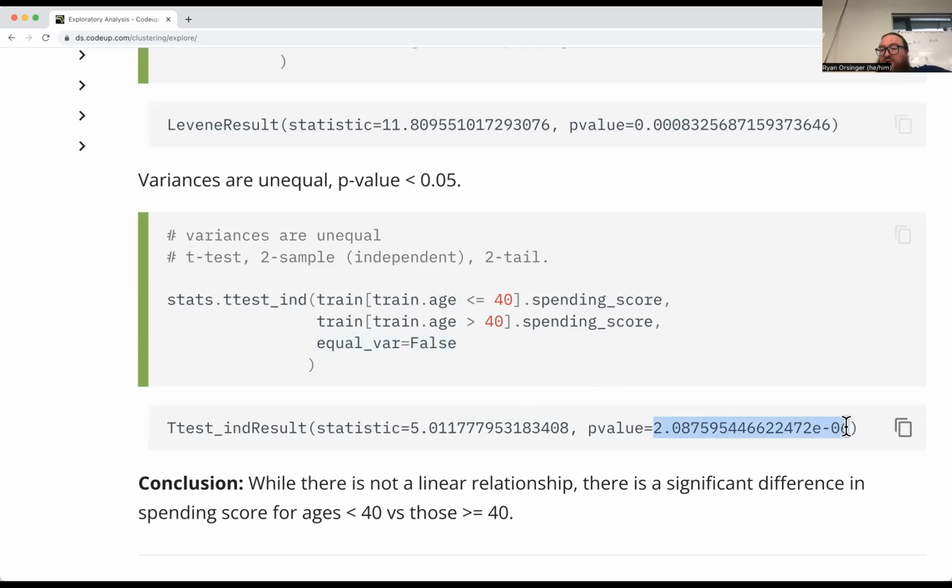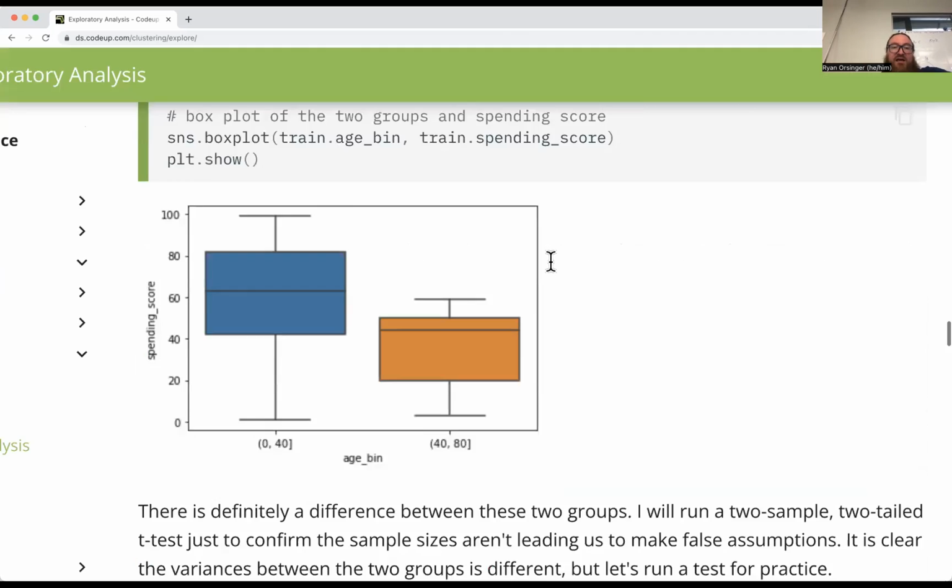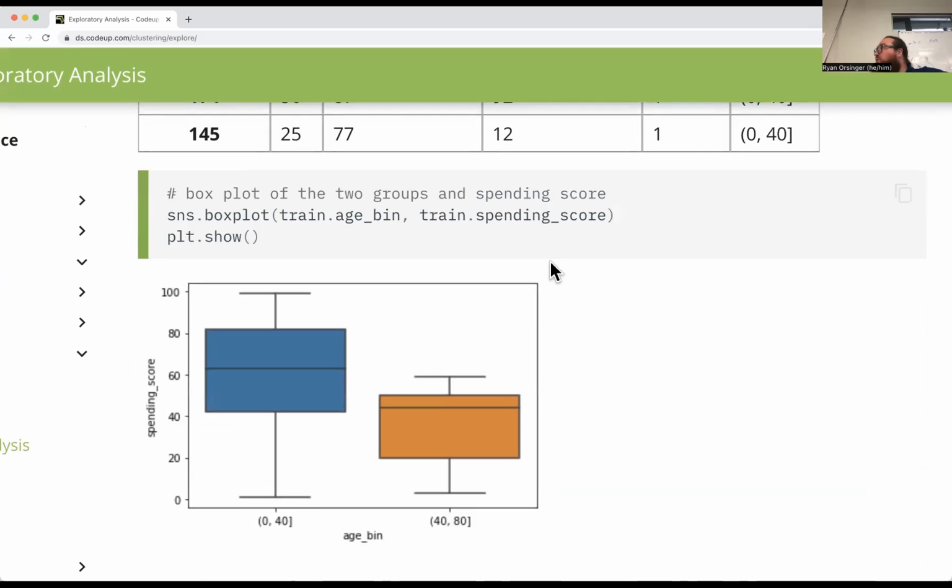So this p-value of 2.08 times 10 to the negative 6, that's quite a lot of zeros. So we find quite a bit of evidence to reject the null hypothesis that the spending scores for 0 to 40 are the same as 40 to 80. And that makes sense. That's what we're looking at, right? So now we can have more faith in the visual.